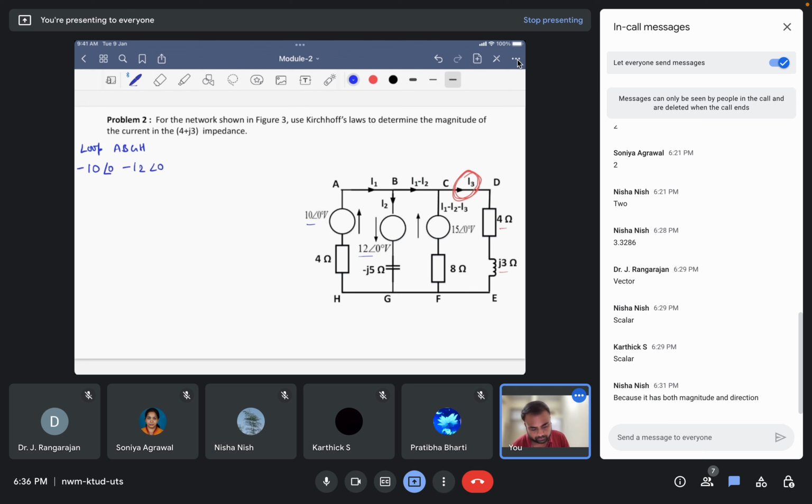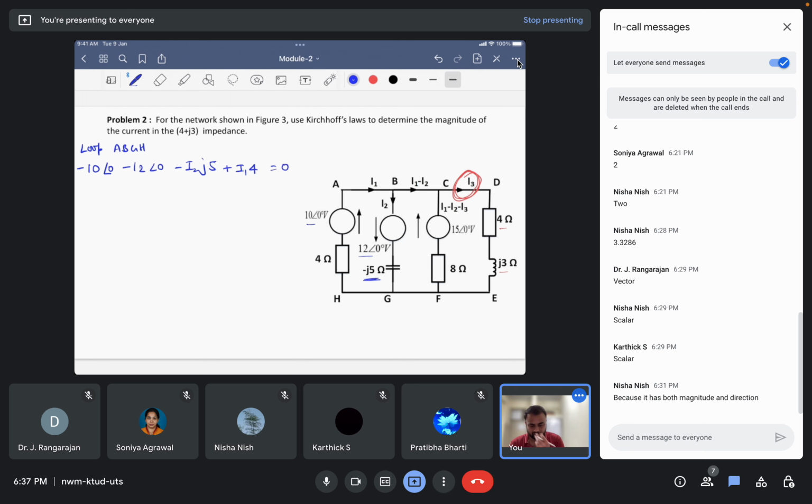And for the capacitive component, the impedance is already written here. So I'll write the value, that is minus J5 multiplied by I2, and from the resistor this will be plus I1 multiplied by 4 is equal to 0.